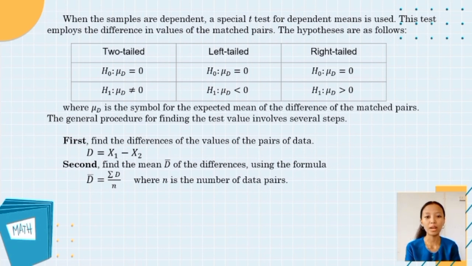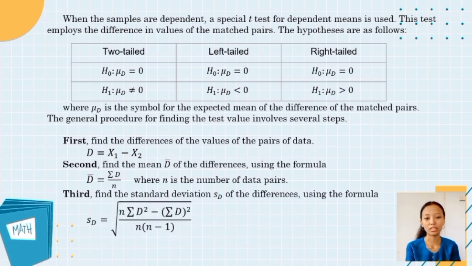Second is to find the mean of the differences, denoted by d bar, using the formula d bar equals the sum of d divided by n, where n is the number of data pairs. Third step is to find the standard deviation, denoted by s sub d, of the differences using the formula s sub d equals the square root of n multiplied by the sum of d squared minus the sum of d in parentheses squared, over n multiplied by n minus 1.